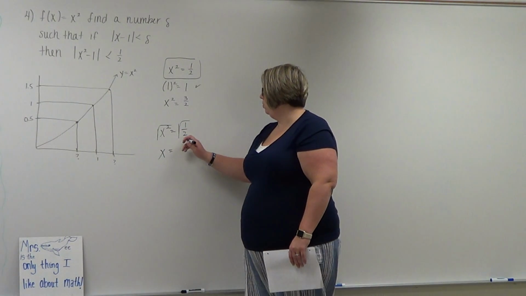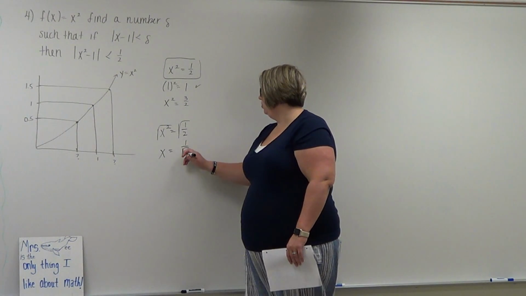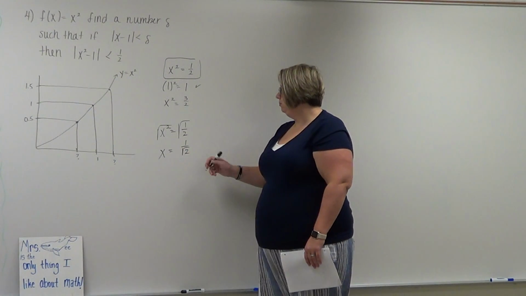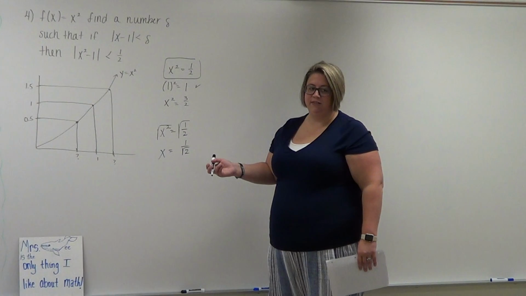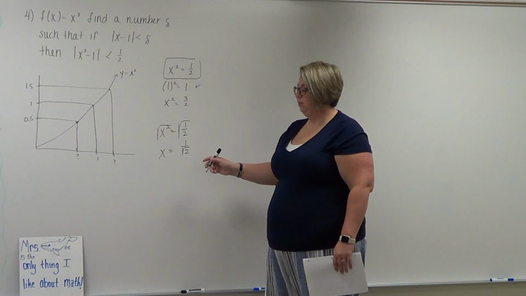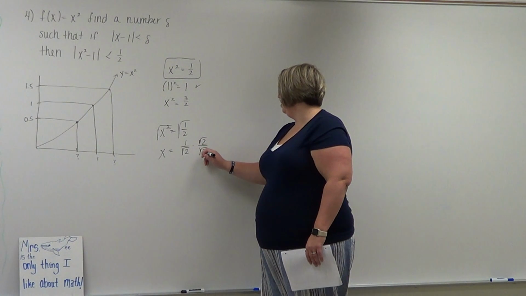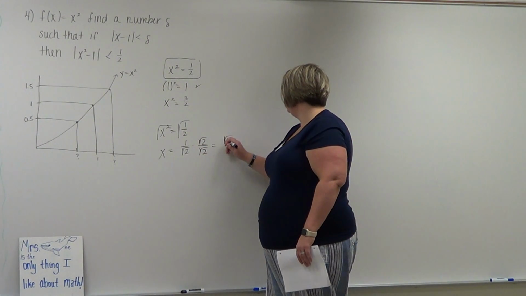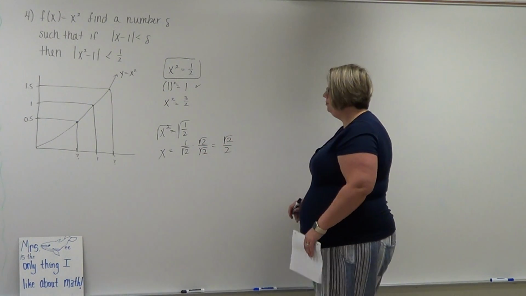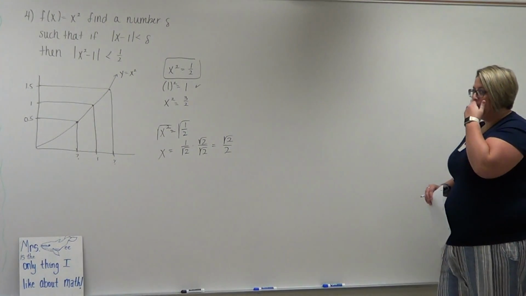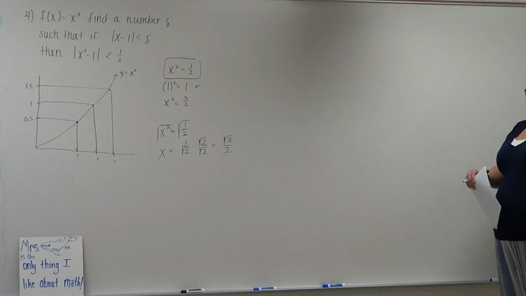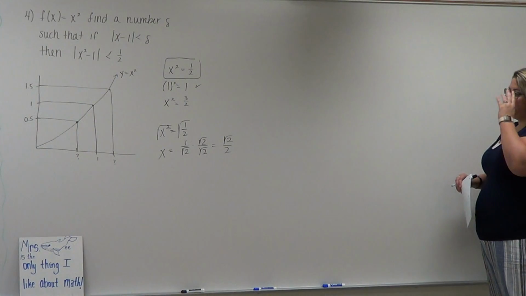So square root of 1 is 1, square root of 2. You can rationalize this if you want to. Let's go ahead, just because it makes me feel better about life. Okay, now what about the other one?